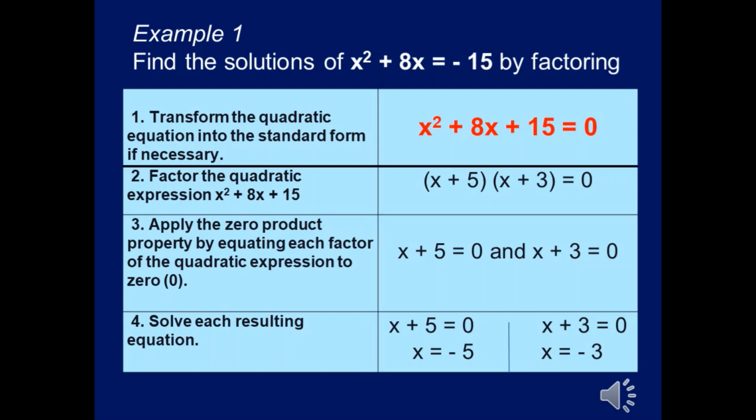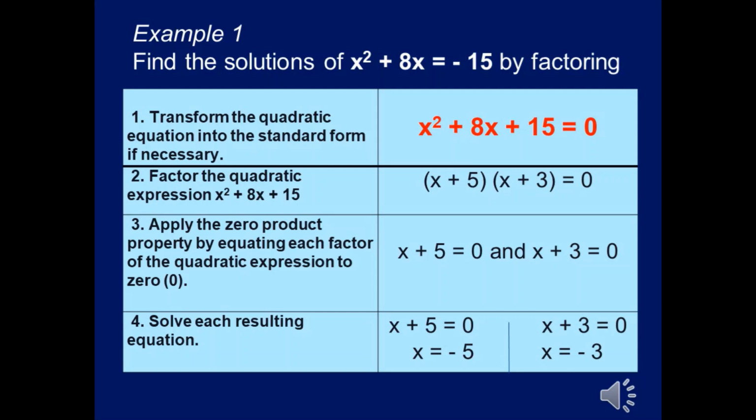In this case, it's not yet written in the standard form, so we need to rewrite it. The standard form now is x squared plus 8x plus 15 equals 0.